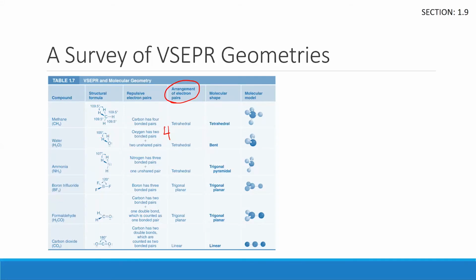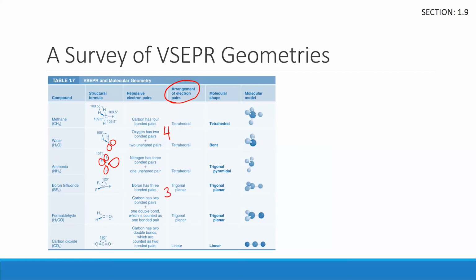Water has 2 actual atoms attached and 2 lone pairs, so 4 total, tetrahedron. Ammonia, which we did as an example, has 3 bonding groups and 1 lone pair, so that's also 4 total. And you can see that if you have 3, you get a trigonal planar.